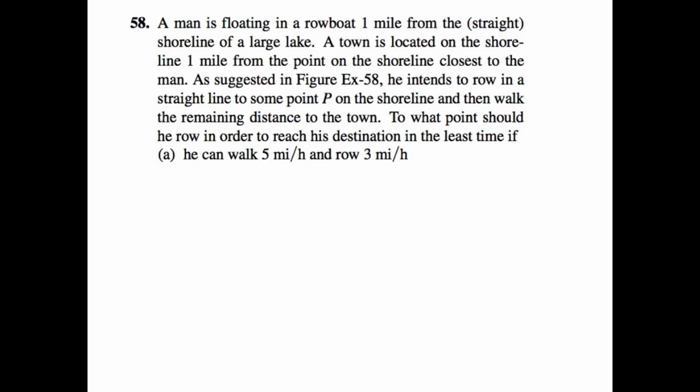Okay, so a man is floating in a rowboat 1 mile from a straight shoreline. So there's the shoreline, right? A town is located on the shoreline 1 mile from the point on the shoreline closest to the man. So here's the man. And if he goes straight at a 90-degree angle there, that distance is 1 mile.